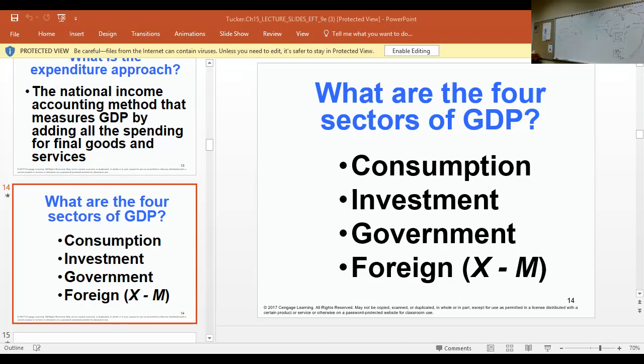G, we call it government spending, that is government expenditures for consumption and investment, I believe, in the GDP accounts. NX is net exports, and it's net exports in the GDP accounts. X is export spending, M is import spending. These two get lowercase letters because they're sub accounts. They're part of this bigger account, net exports.